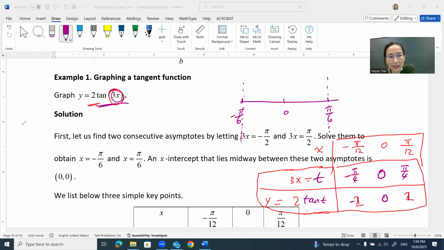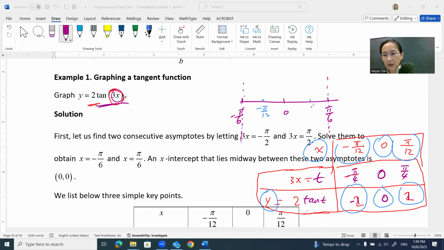Then we immediately get the relationship x versus y. That's the point we are looking for. Each x has a y value, and then we have 3 key points to graph. So let's indicate where negative pi over 12 is.